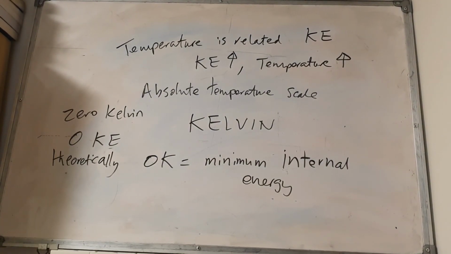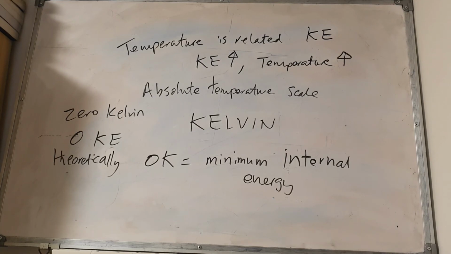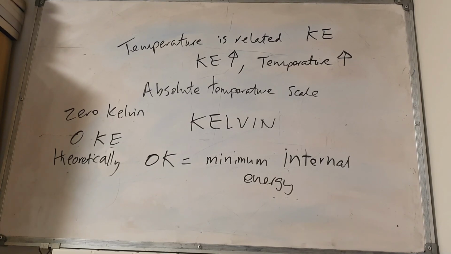The particles are theoretically not moving, they're still, but in practice they are moving very slightly, because it is impossible to get to 0 Kelvin. That's the third law of thermodynamics. It is impossible to reach 0 Kelvin, but theoretically, when it's at 0 Kelvin, there is 0 kinetic energy.